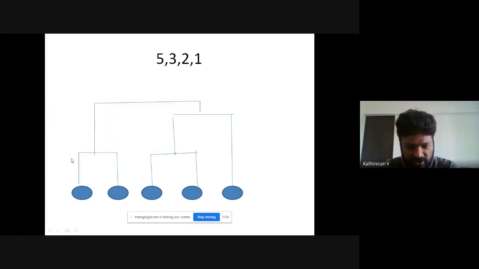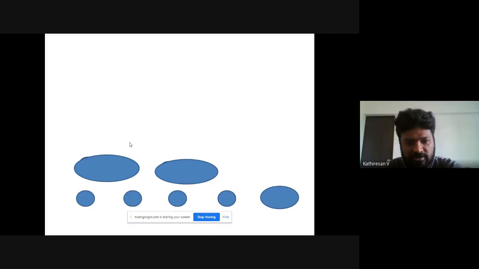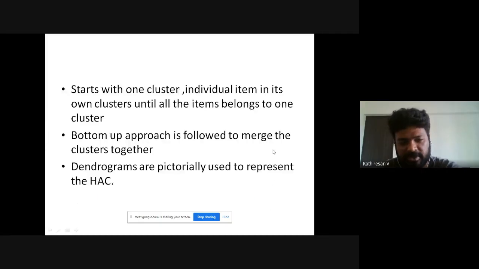So this is the first dendrogram, these two are the second, these three are the third, and likewise the dendrogram is formed. I will show you how it forms with an example. Initially these two are joined together, and these two are joined together. Likewise, it happens.